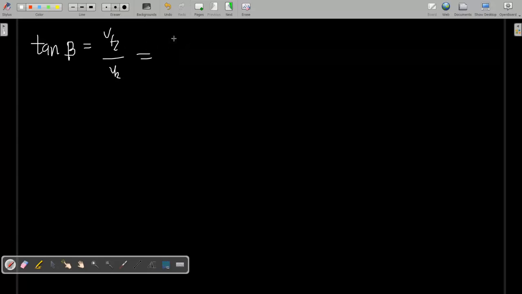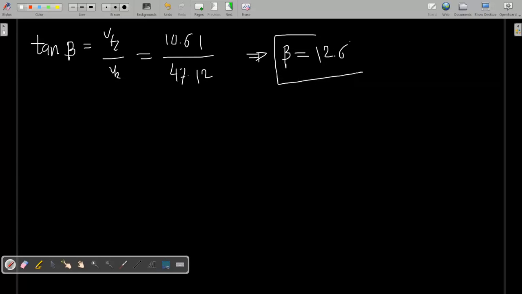The value of vf2 we just found out is 10.61, and the peripheral velocity at this section is 47.12 meter per second. So when you solve this in your calculator and take tan inverse, you will get the outlet blade angle as 12.6 degrees Celsius. Sorry, not Celsius, it's the habit of taking thermodynamics too much, this is the side effect of that. So this is only a 12.6 degree outlet blade angle, so this is the answer.